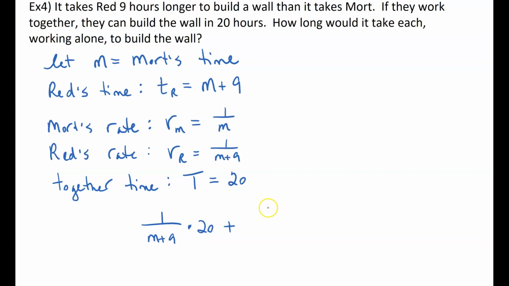And we add that to Mort's rate of 1 over m, and we multiply that by the 20 hours. They're working together to complete what? One job. So equal to 1.